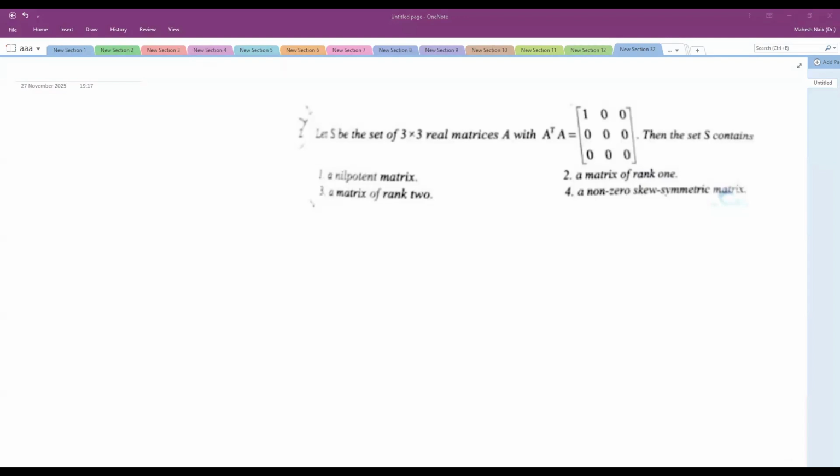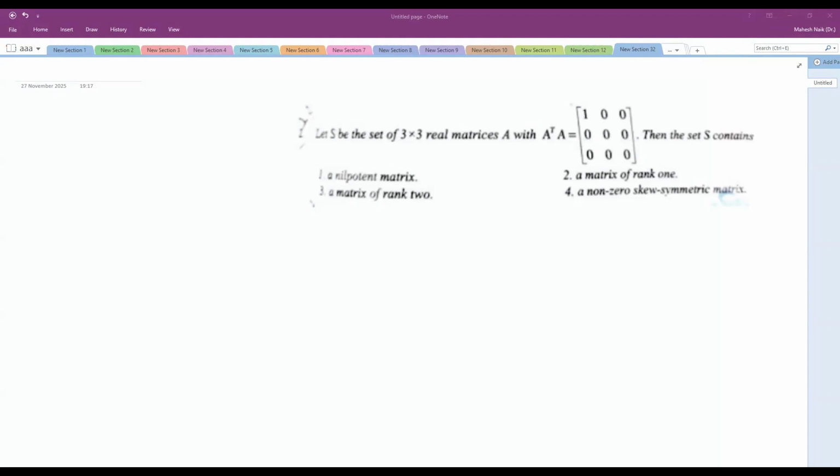So we recently saw a property which said that the rank of A transpose into A equals rank of A. Based on that, we can confirm that the rank of A will be 1.